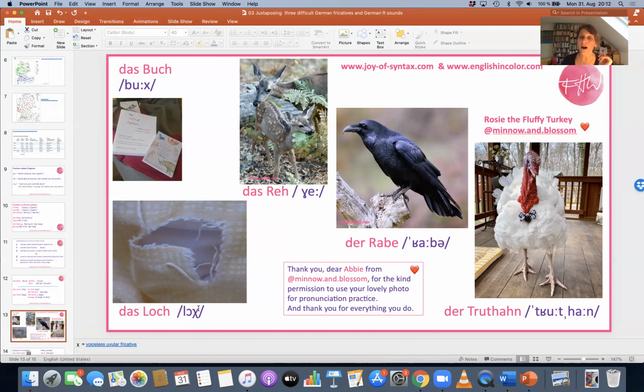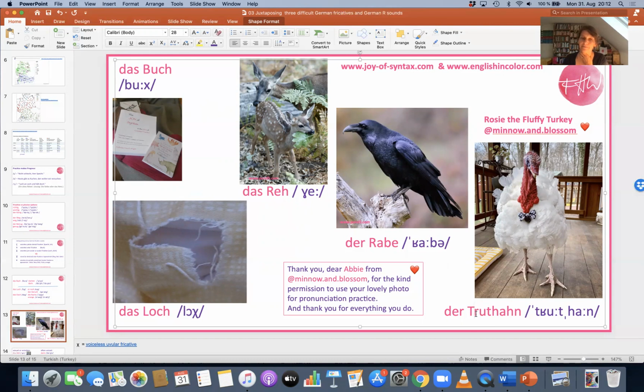Loch, Rabe. And Truthahn, turkey, you use that when you have the R in the consonant cluster in the second part, like tr, as in Truthahn and treten, then the R is voiceless. Truthahn.